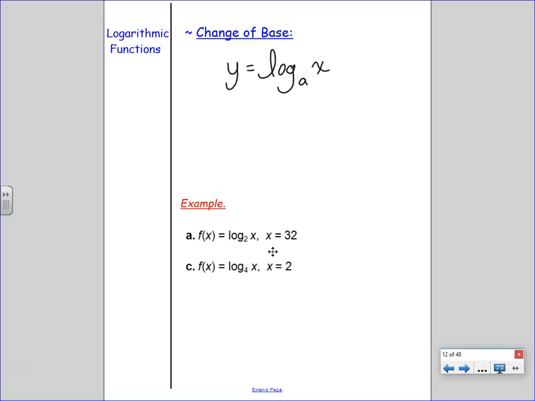There's something called a change of base formula, and a change of base formula basically says another way of writing log base a of x, if that base is not sufficient or you are being asked to change the base, would be to use the change of base formula, which says log base, let's choose another base b, of x over log base b of a.